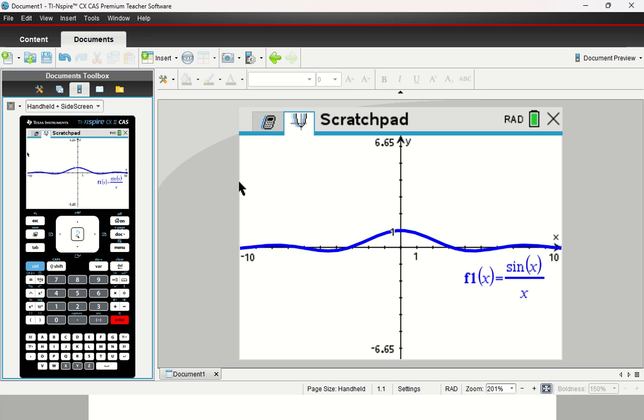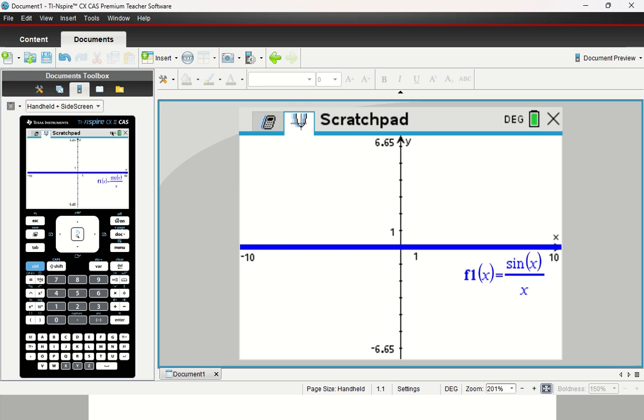It should be radian. Everything that we do, unless specifically told otherwise, has to be in radian. All our trig functions are in radian. So, all you have to do is click on that button to change it. Watch. Hey, look, I just changed it to degree. Watch this. Now it's radian.